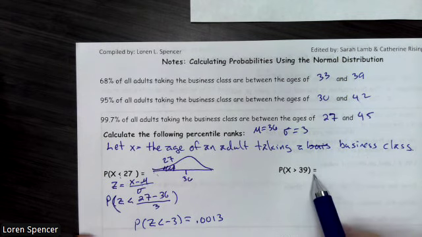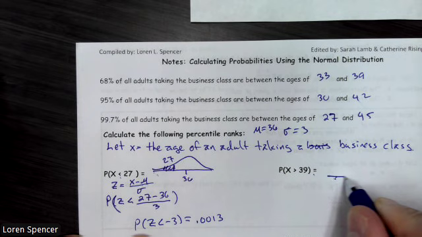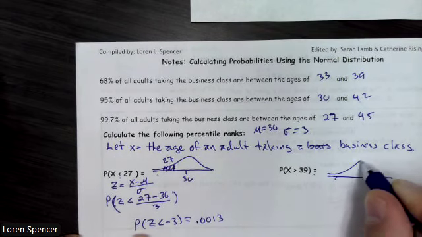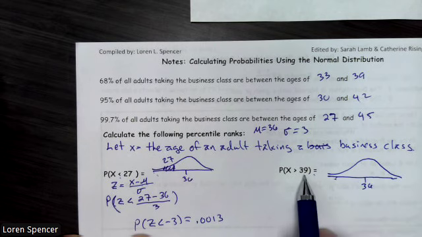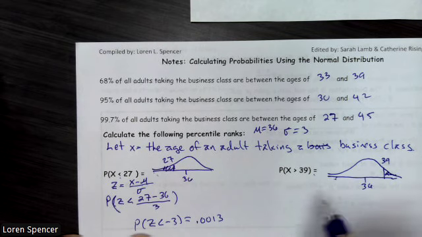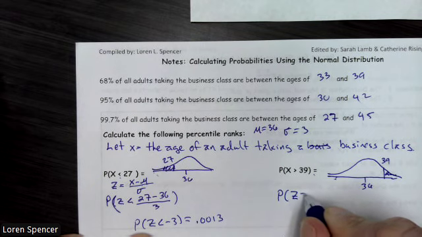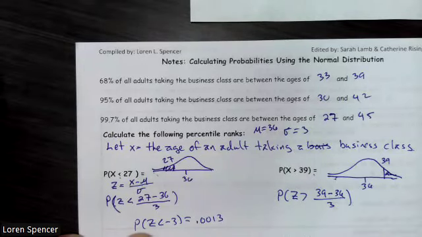All right. The probability that x is greater than 39. So probability x is greater than 39. I can go right here. And we're looking for this. So plugging in, we want the probability that z is greater than 39 minus my mean of 36 over my standard deviation of 3.